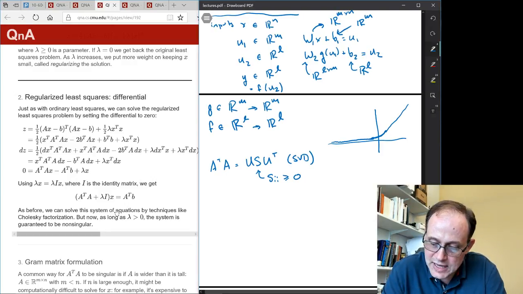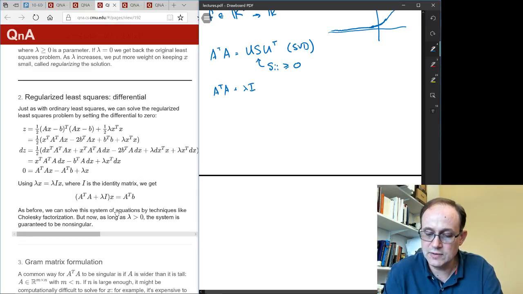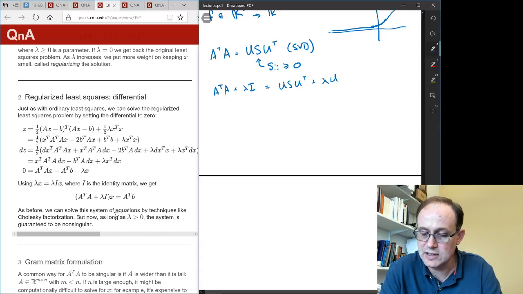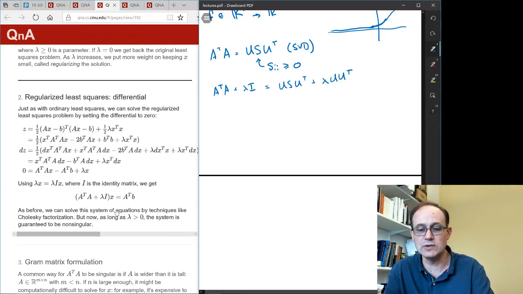If we now say that A transpose A plus lambda times the identity is equal to U S U transpose plus lambda times the identity. But one way to write the identity is U times U transpose, because an orthonormal matrix is its own inverse.